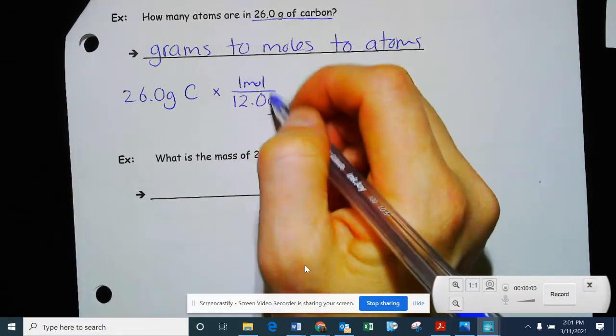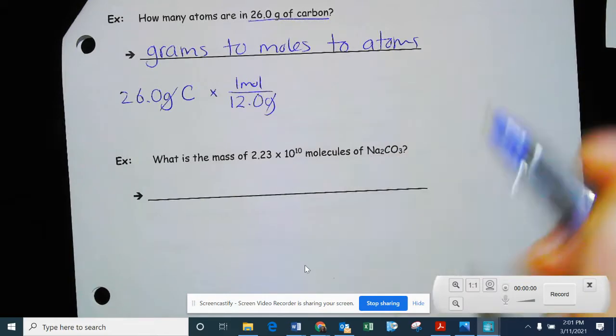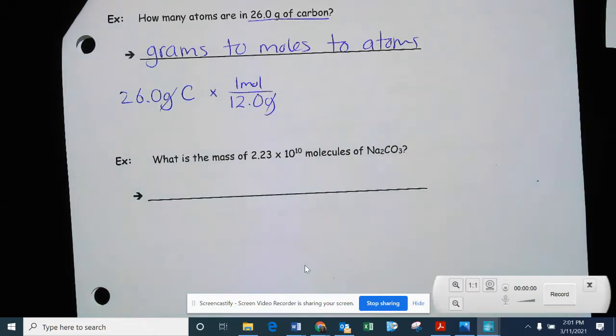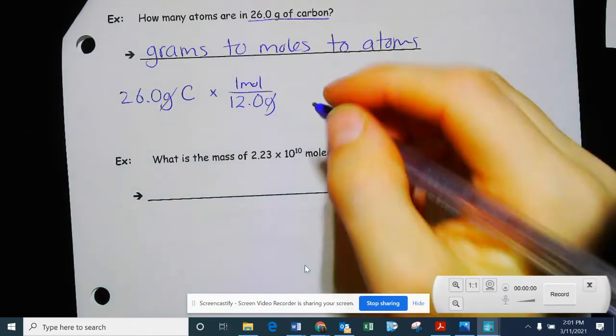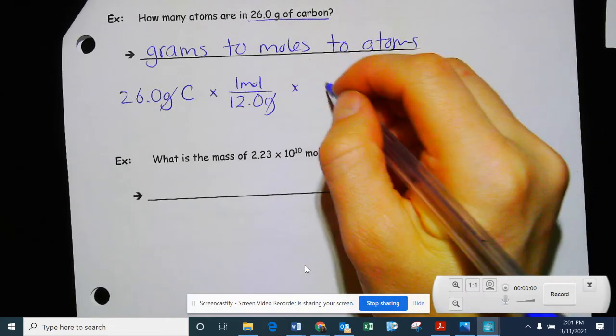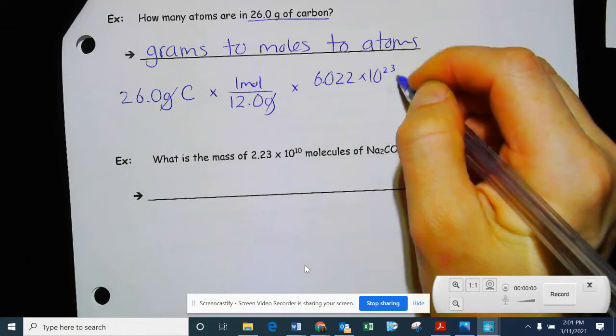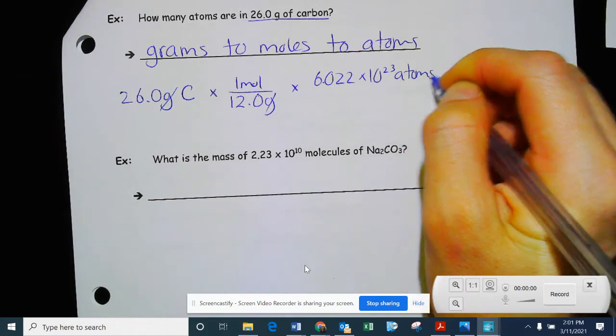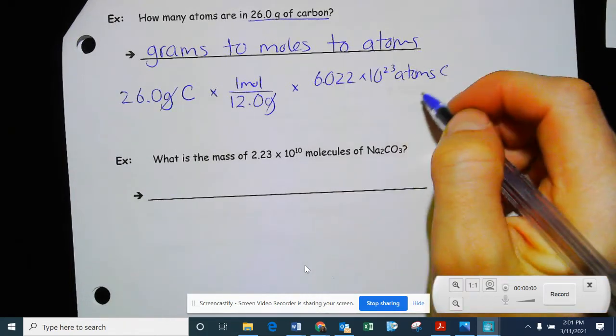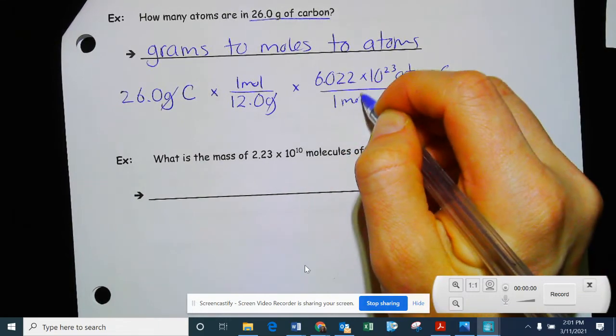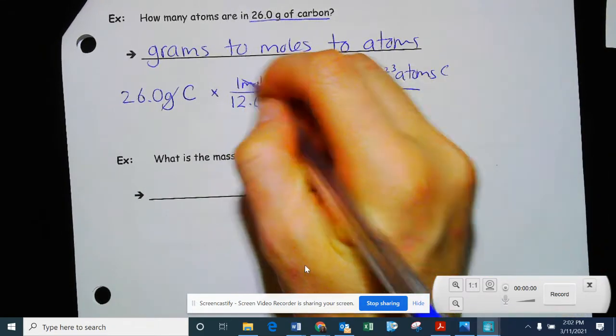And that's canceling out my grams. So now I'm left with moles. Awesome, good. But now I want to go to atoms. So I'm going to use Avogadro's number here: 6.022 times 10 to the 23 atoms of carbon for every 1 mole of carbon. And that's getting rid of my moles.